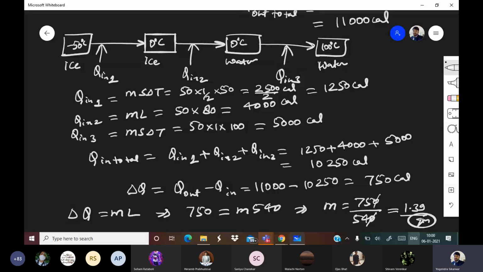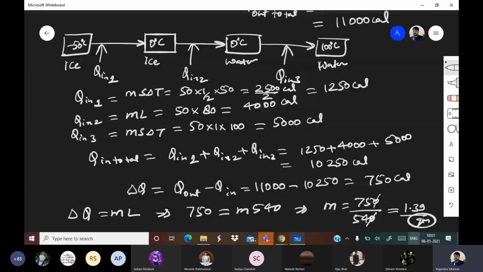Someone is asking, sir, can we also bring everything to 0 degrees Celsius and solve? Yes, you can solve by any way, but you cannot change the answer. The answer will come as per calculations and as per science. So the answer comes out to be 1.39 grams of steam.